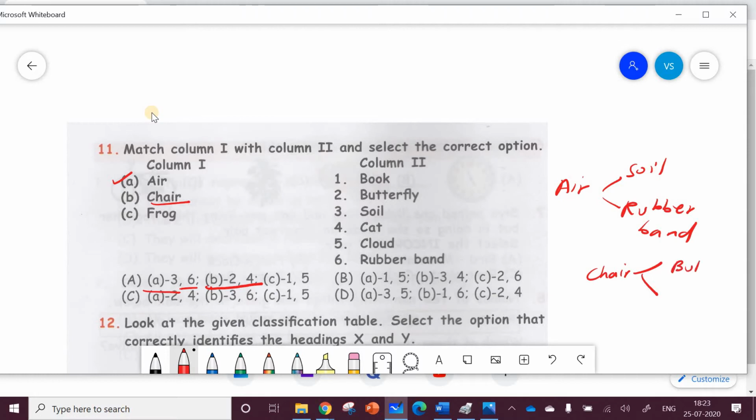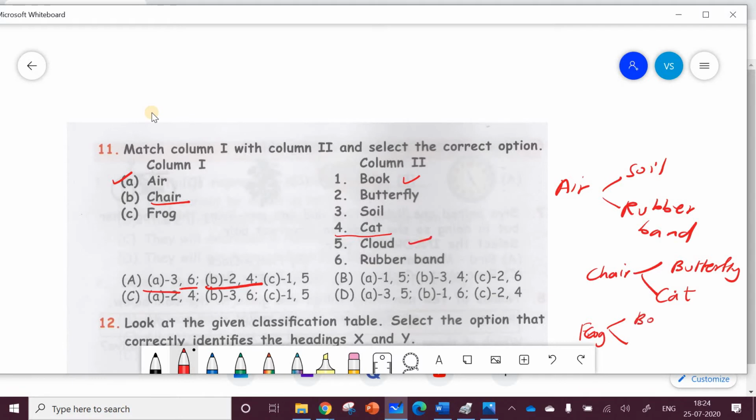That is butterfly. And what is number 4? Cat. Very good. And then C is matched with 1 and 5, which is frog. Number 1 is book, and number 5 is cloud.